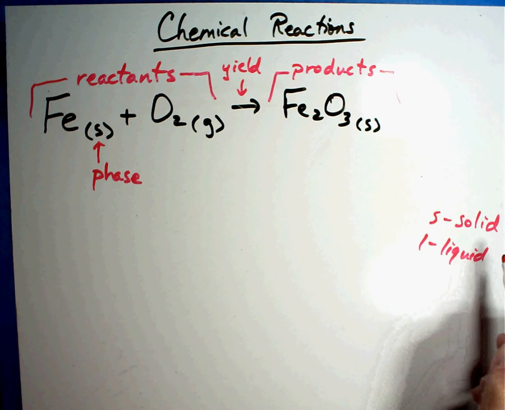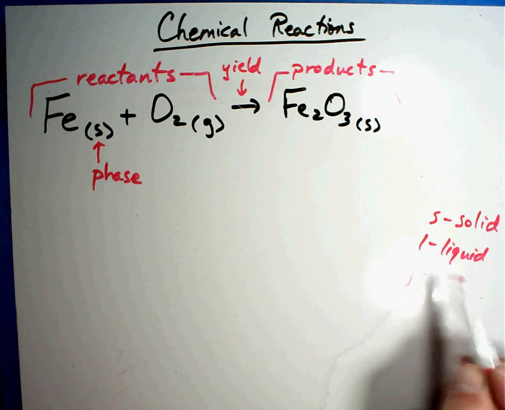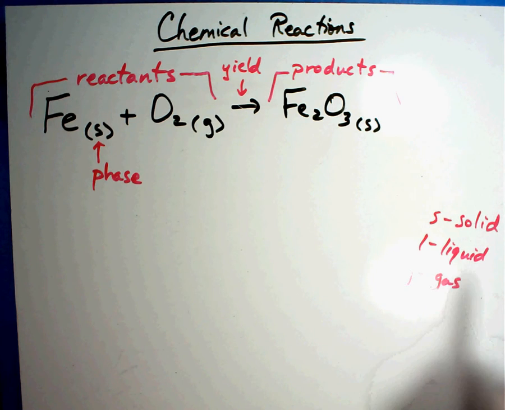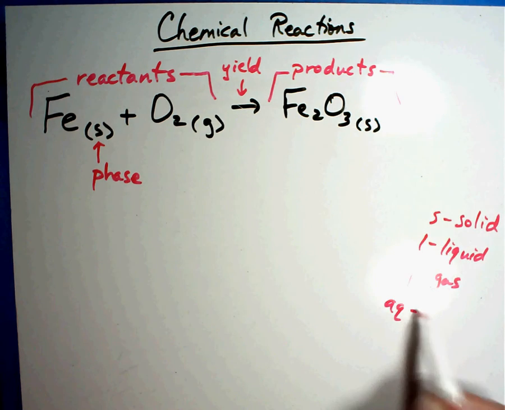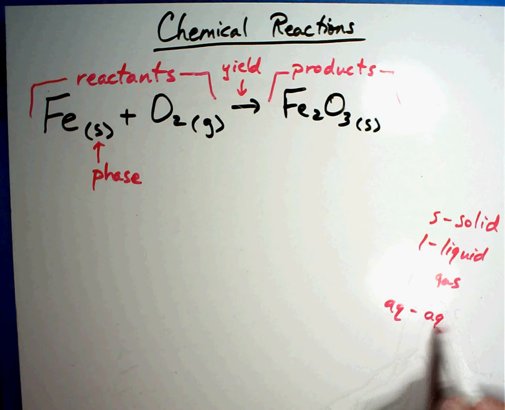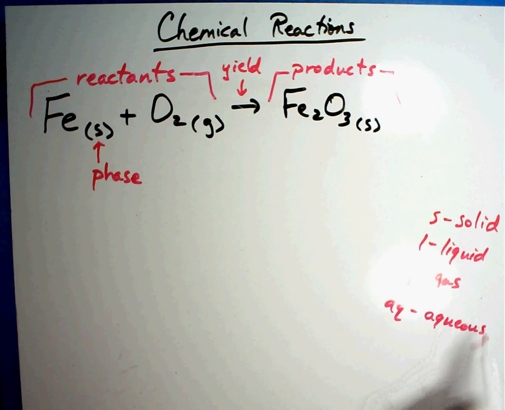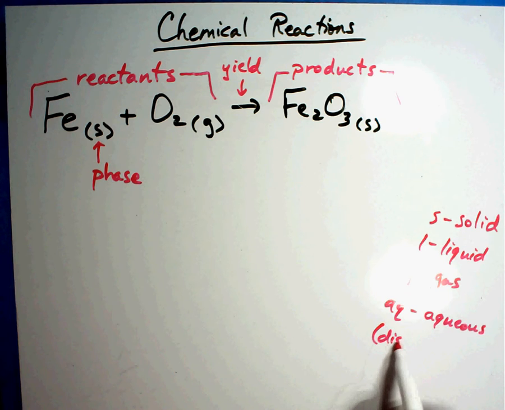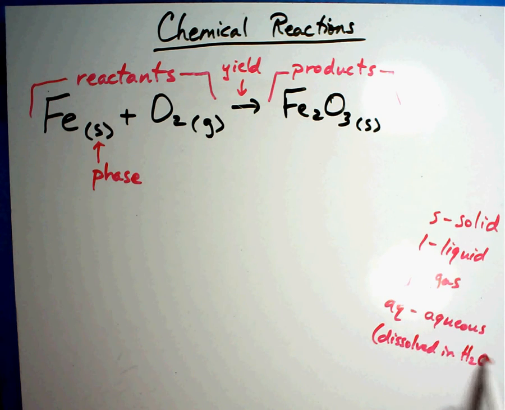There's not one of those in this example. G is gas. And sometimes you'll see this one called AQ, and it is aqueous. I'll go ahead and define that. It means dissolved in water. Now that can be a little bit confusing for you because that almost seems like a liquid. Let me explain the difference.